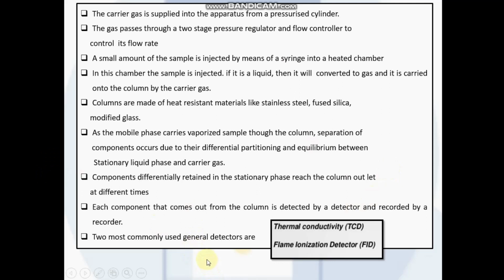Generally, two types of detectors are mainly used, that is thermal conductivity detector and flame ionization detector. So these are the things which happen in a gas chromatography unit.